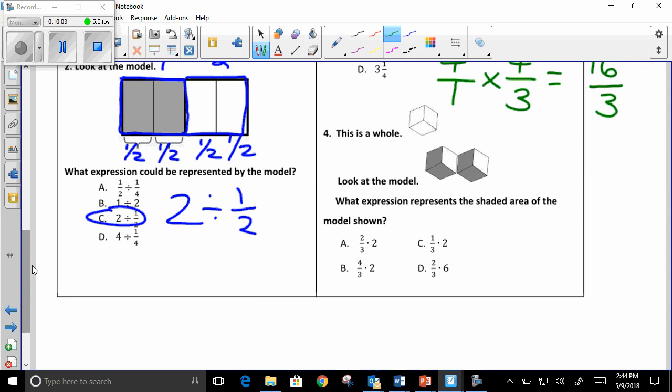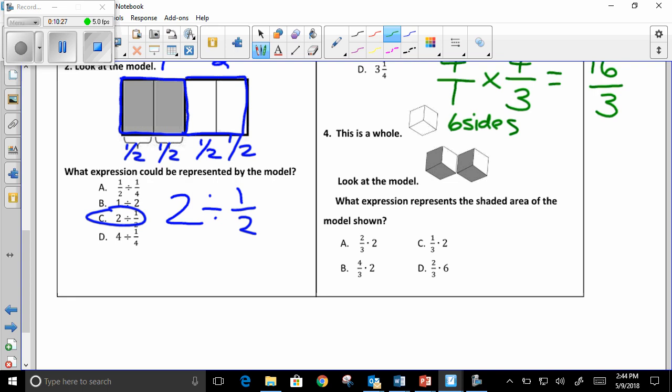Number 4, this is a die, and look at the model. So how many sides do I have altogether here? 6 sides. Okay, now look at the model. How many sides are shaded?